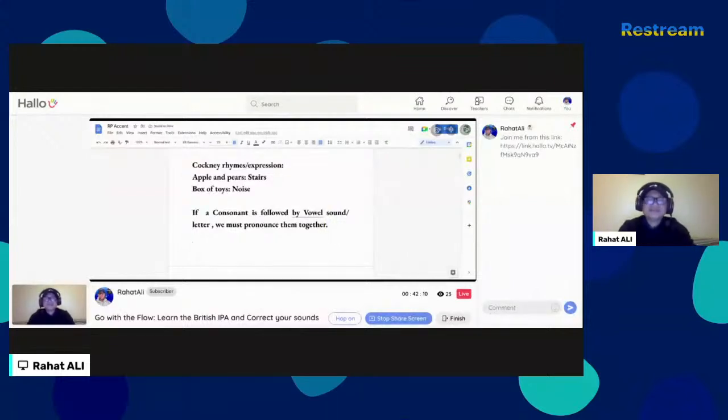I'm going to give an example. There are many words, for example. As you know, we must be aware of the vowel sound and consonant sound. For example, this sentence: there are many words.